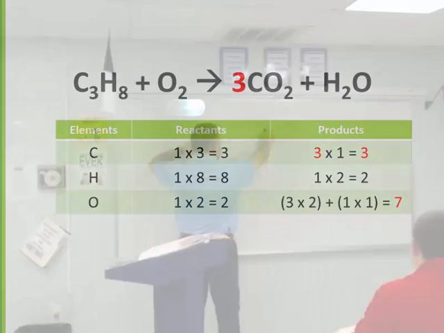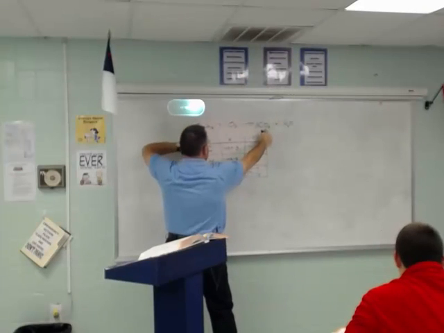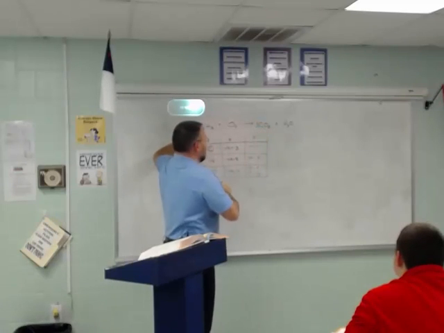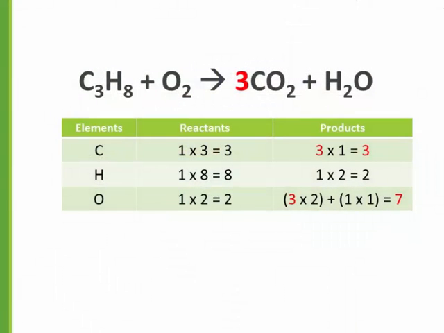So I go back into my product side and say, okay, I didn't change anything on the reactant side. I have to look to the product side. The product side, carbons, I now have 3 times 1, which gives me 3, but I've also tweaked something else, haven't I? I've tweaked the oxygen. Because when I take 3 of these molecules, rather than having 1 set of 2, I now have 3 sets of 2.